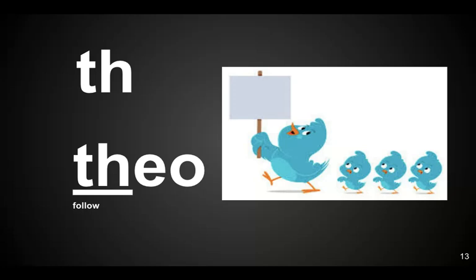So sometimes in English, the TH also makes a soft T sound, like the word with, to go with somebody. That makes the soft T sound. So just remember that in Vietnamese, T by itself is the hard T sound, and TH is the soft T sound.